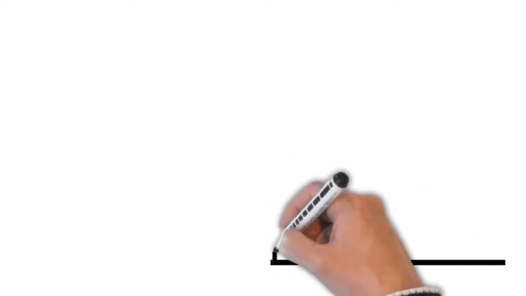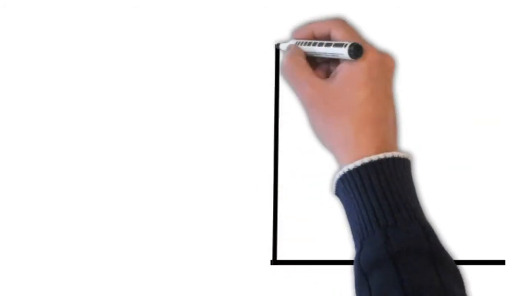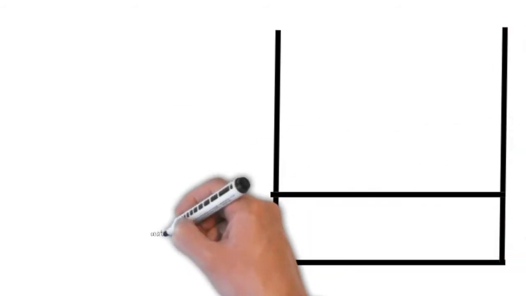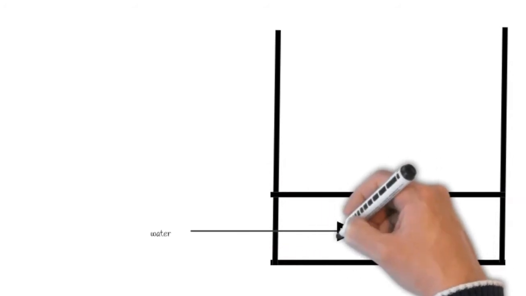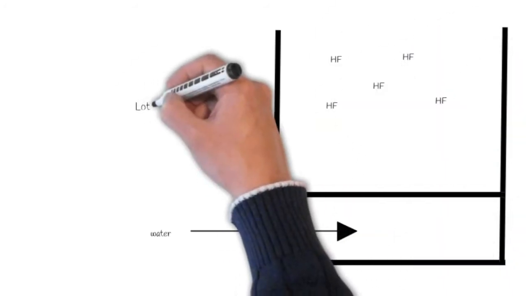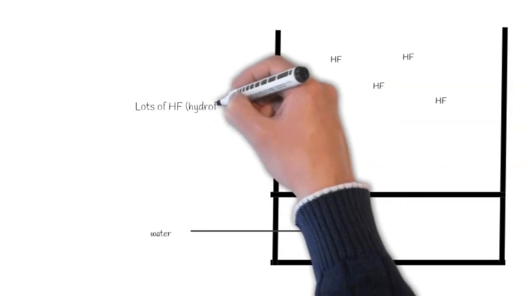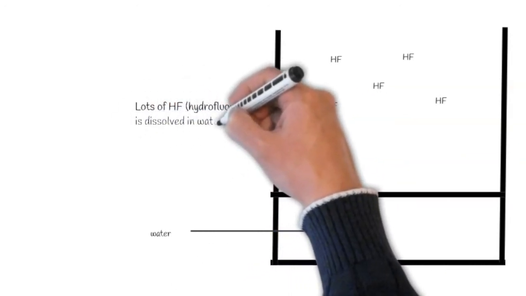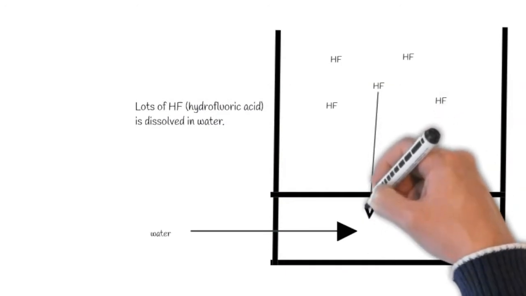Let's draw another beaker. And again, here we have water. Here we're going to look at hydrofluoric acid, and we're going to dissolve it in water, as we've done here.